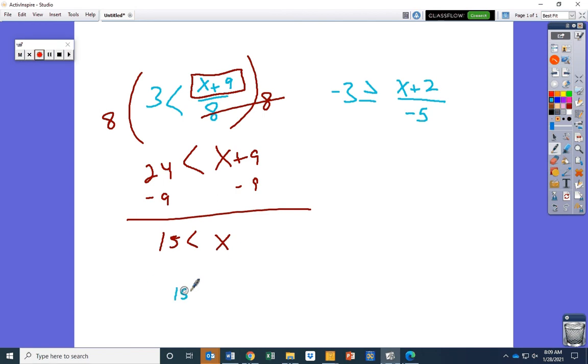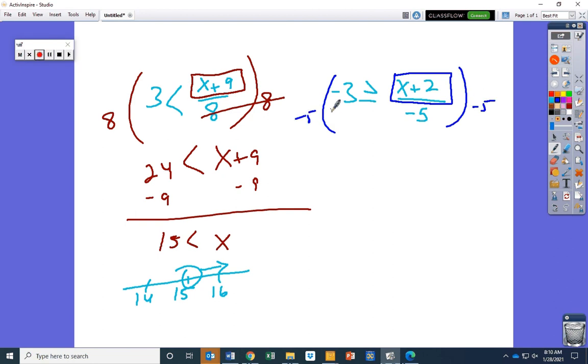If I graphed this, okay, which side, x has to be greater than 15, right? So which side would this go? Which one would be greater than 15? That way. Okay, so right here, what's going to be in the box up here? X plus 2 is in the box. Okay, what am I dividing by here? A negative 5. So therefore, what am I going to multiply both sides by? Negative 5.